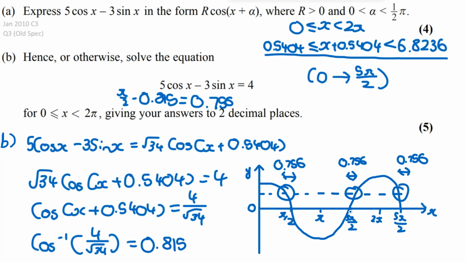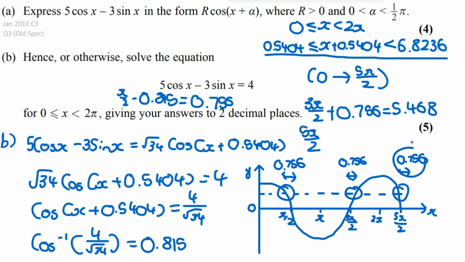So therefore this point here is going to be 3 pi over 2 plus the difference of 0.756, which if you put into a calculator is equal to 5.468 like this here, and then this point here is going to be the 5 pi over 2 minus the difference, which is 0.756, which if you put into a calculator is equal to 7.098.